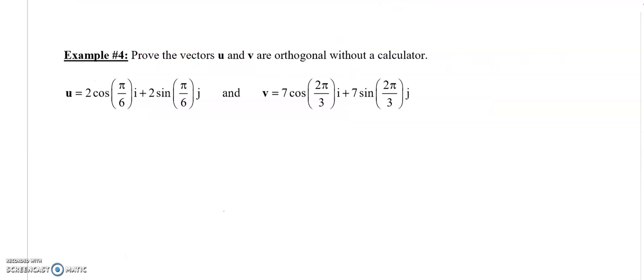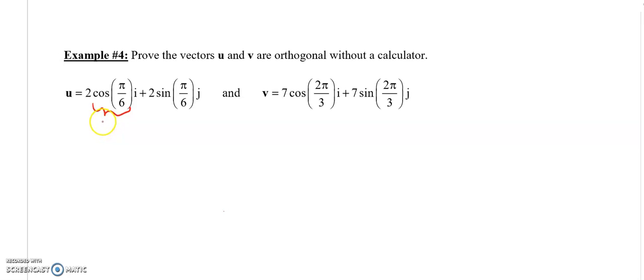Okay, I'd like you to take a look at example 4, read through the direction, and see if you can figure out how to set this up. Please pause the video and take a moment to do this. The first thing I'm going to do is change that format of vector u and vector v. So I have to go back to my right triangle trig and think about cosine of pi over 6.